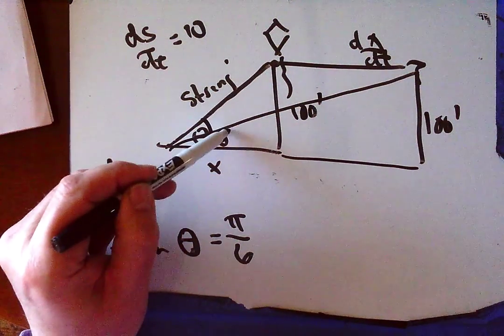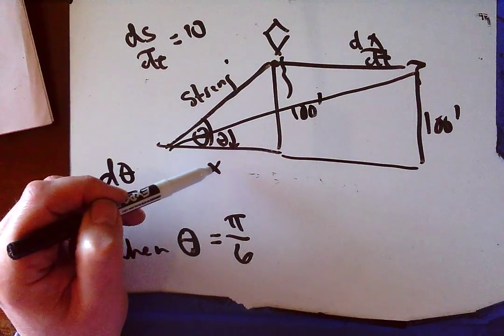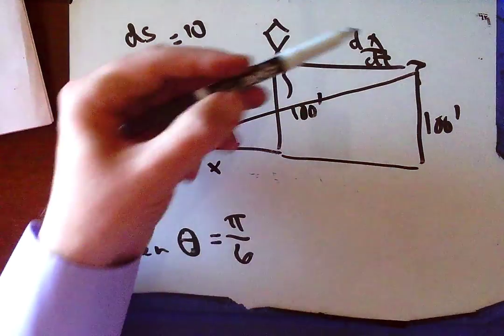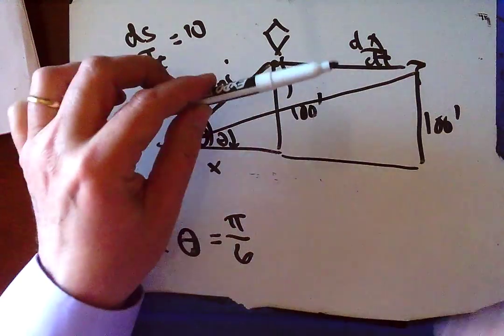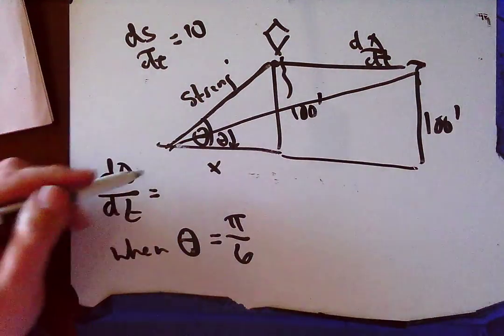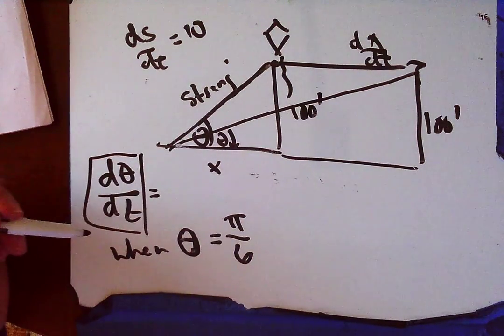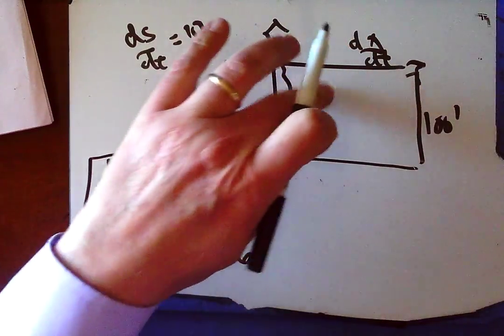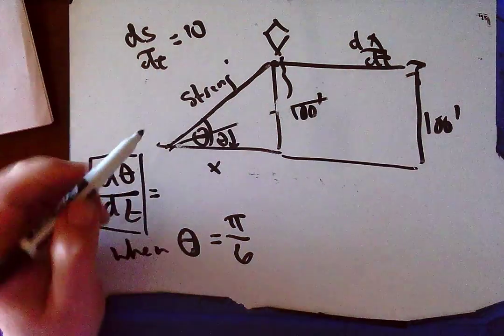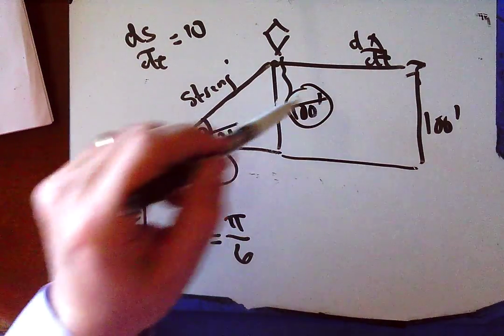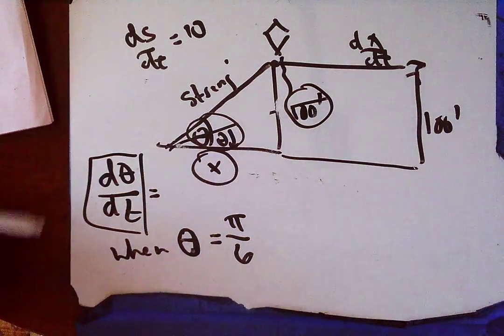It used to be this whole thing, and now it's only this thing. So as we go this way, the kite stays at the same height, but the angle is changing. And that's why they've asked for d theta/dt.